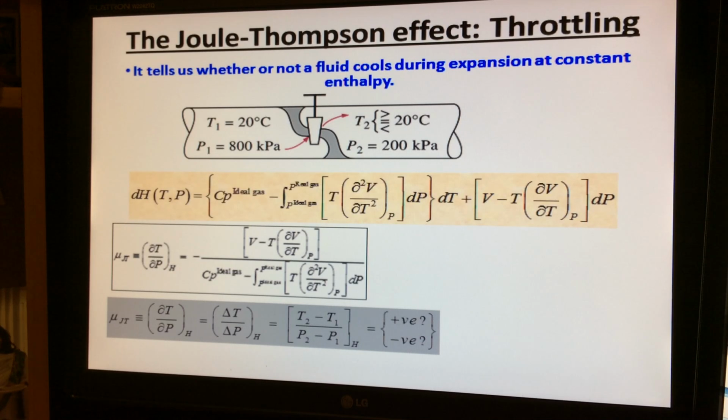Now it's important to get an insight by writing this equation a little differently. Here we have mu JT, defined as the partial of T with respect to pressure at constant enthalpy.